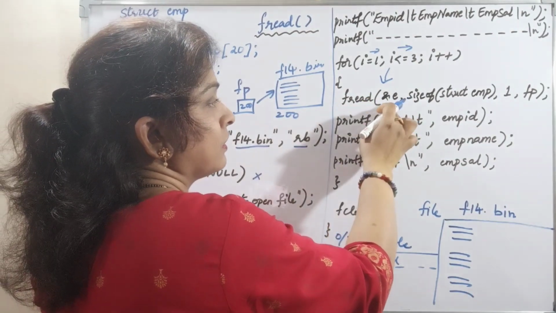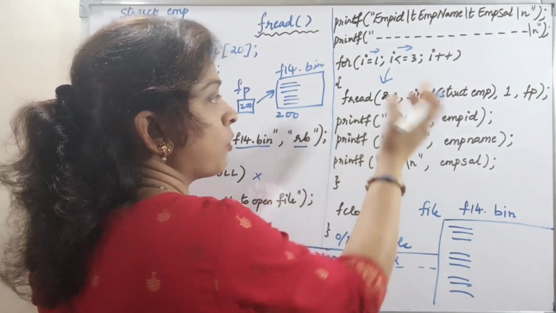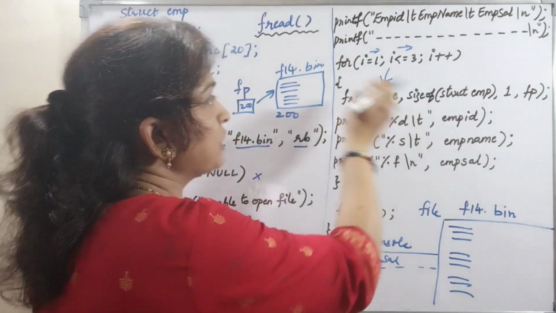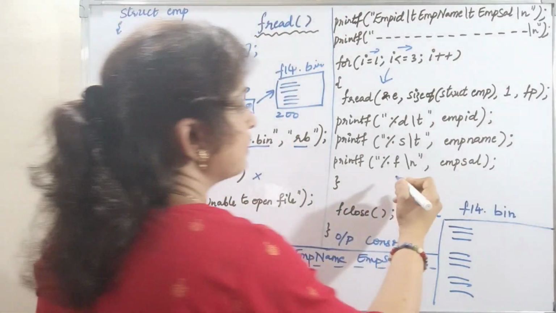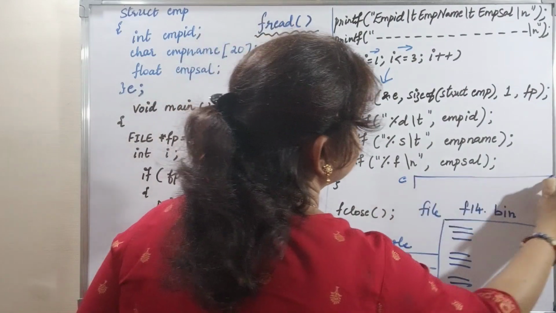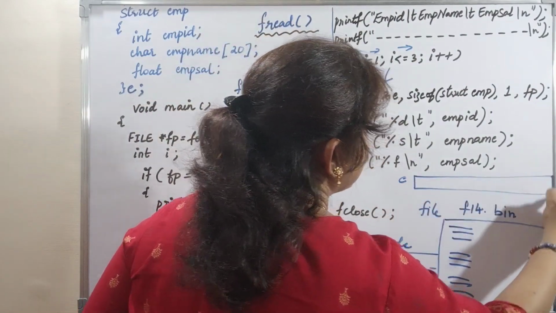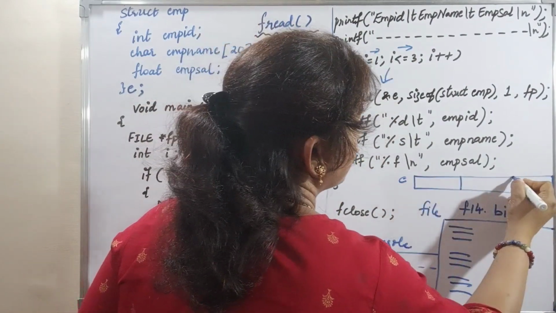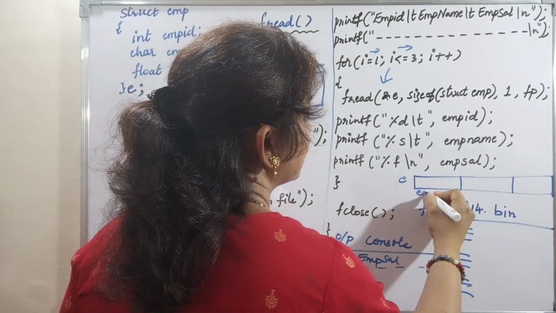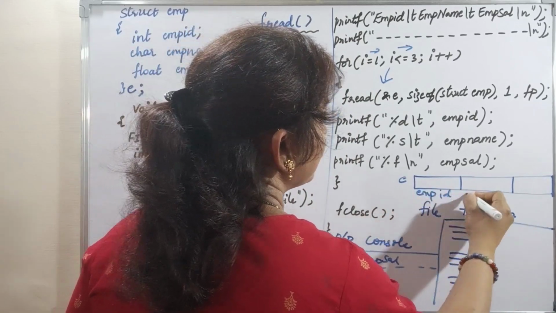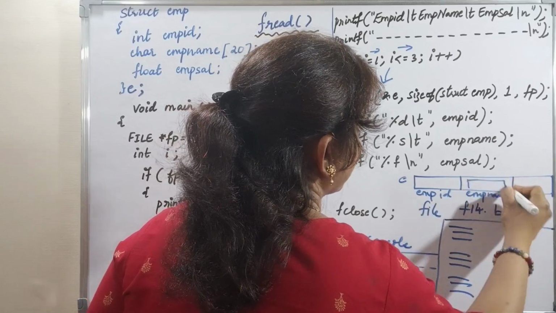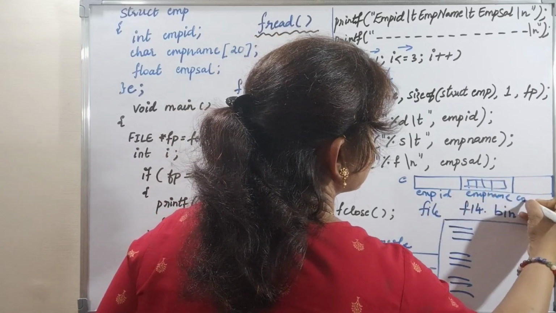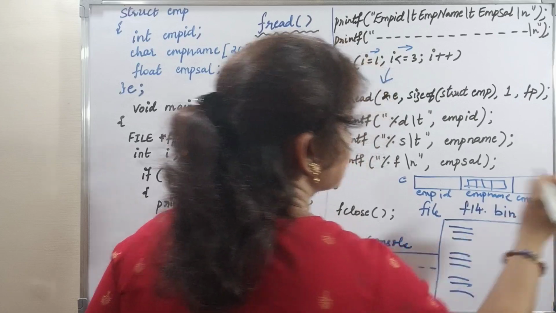fread. From the location, so whatever you read, you store it to the structure E. So here what happens, we will have the memory for E and the memory will be allocated for the members EMP ID, EMP name, which is array, and EMP sal.